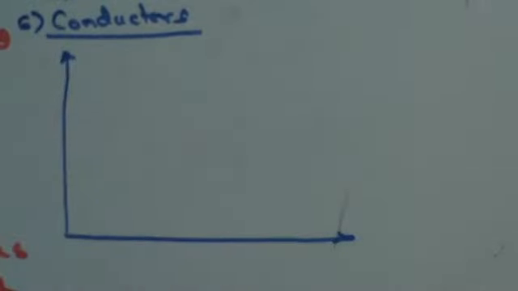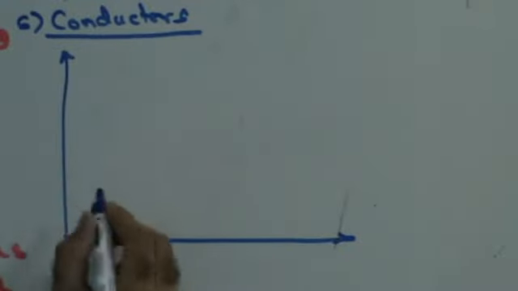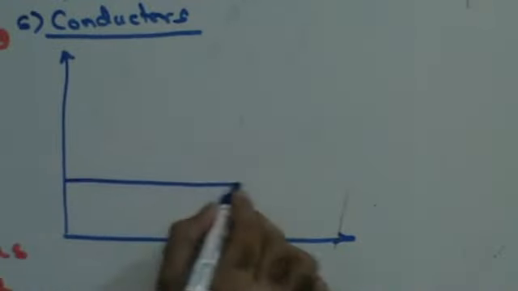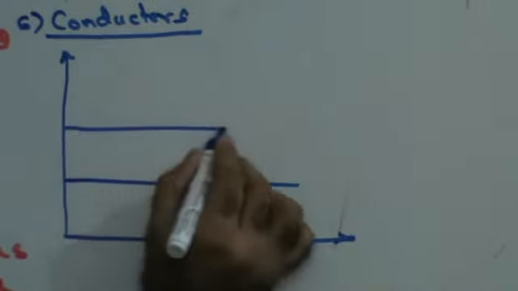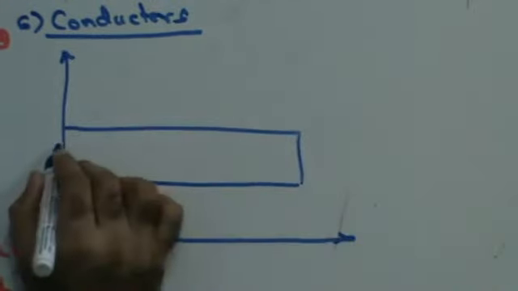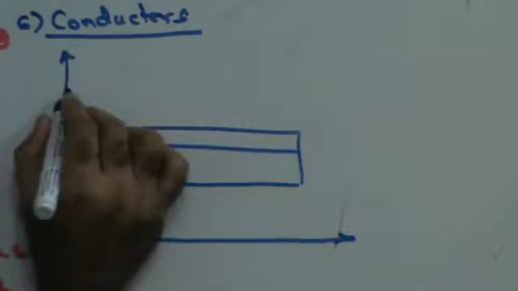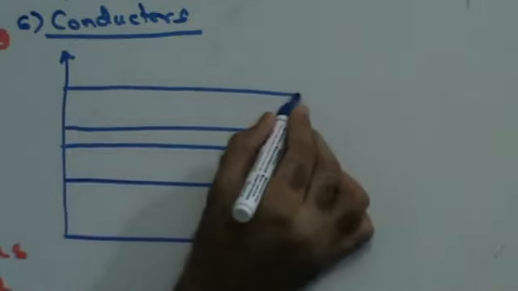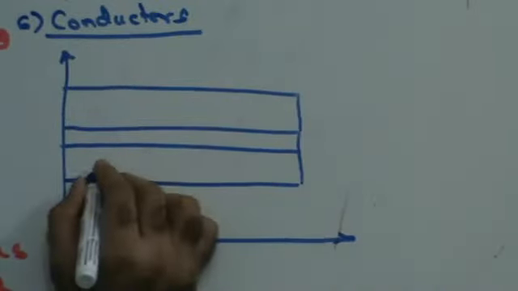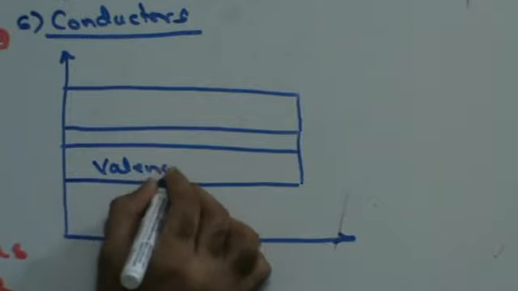Next, let us see what are conductors. In the case of conductors, there is no forbidden energy gap. The valency band and the conduction band overlap each other. This is my valency band.